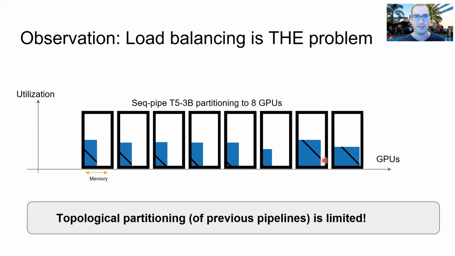Let's look at the memory utilization of a T5 model with 3 billion parameters when partitioning with the best possible SeqPipe.